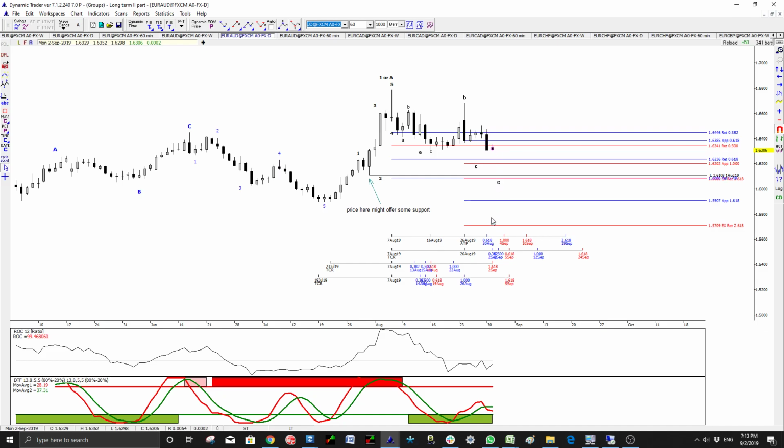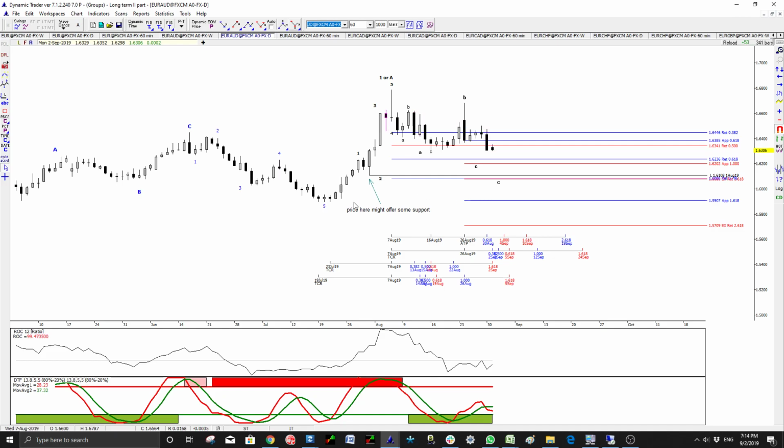In terms of support, I would see the 161.08 area, this second wave low, as a nice support it could come back to and bounce out of, or the Fibonacci price retracements at the 160.86, 160.79 area. We have this one here too, but I like the one down here because it's more narrow, so I would consider it a stronger, more powerful support.